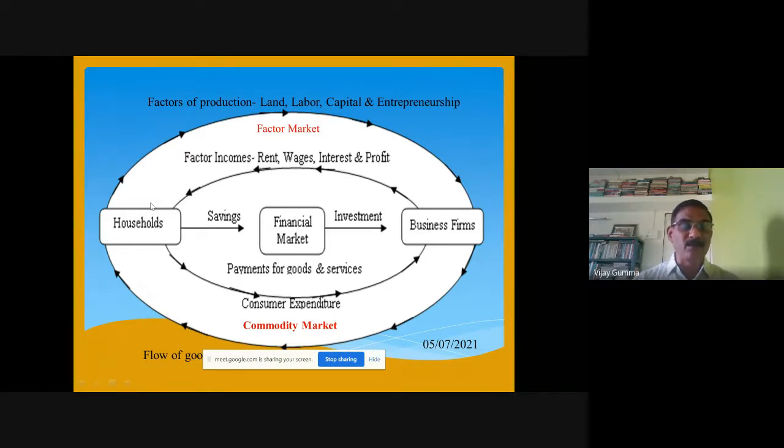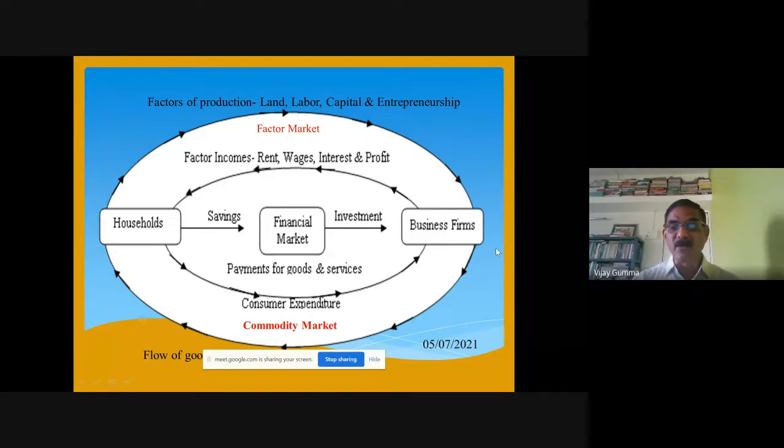The more the income of the household sector, the more will be the expenditure of the household sector. The more the expenditure of the household sector, the more will be the income of the business firm sector.